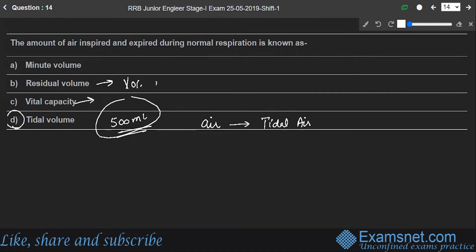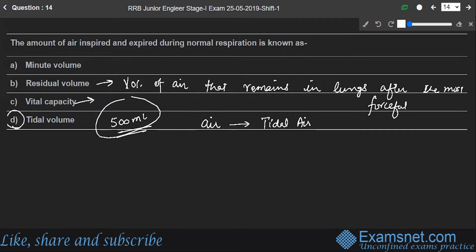The volume of air that remains in the lungs after the most forceful expiration, which is 1200 ml. So this is your residual volume.